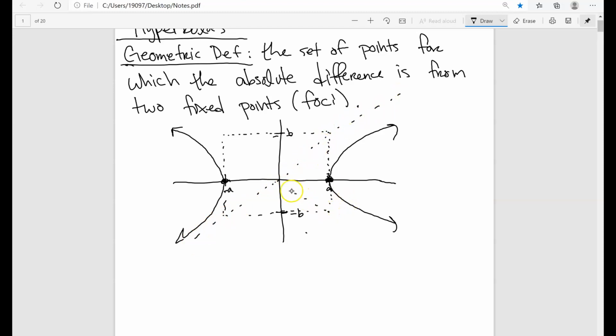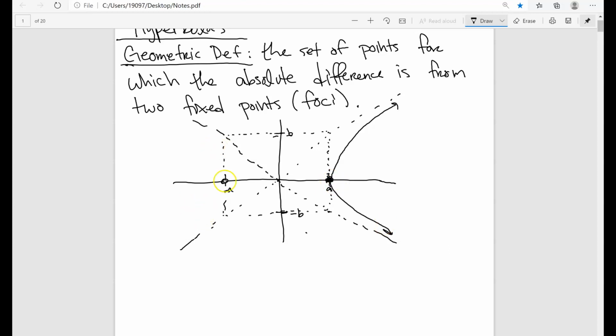I'll draw it a little better in a little bit. So you have asymptotes going off, and then these curves are getting closer and closer to the asymptotes. So let me draw it a little better. So this curve is getting closer and closer to the asymptotes themselves. Same thing in this direction: you have asymptotes, and you have the curve getting closer and closer to the asymptotes.